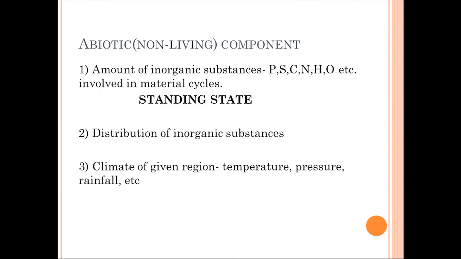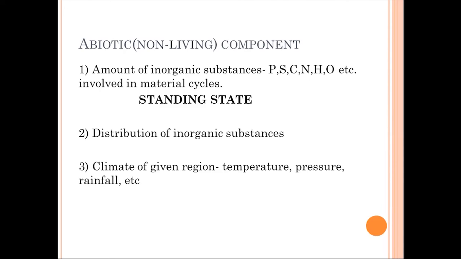Some elements may be abundant in the surface layer, while some may be present in trace amounts or very less amount. So the distribution of these elements is also important, and that decides the different species that can be found.